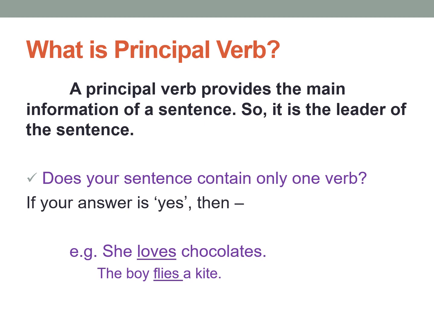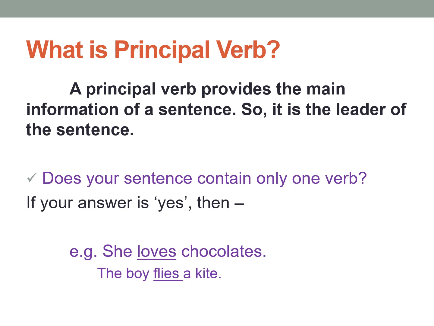Because the verb is a principal verb and principal verb is a kind of finite verb. This explanation also is applicable to this sentence. The boy flies a kite.